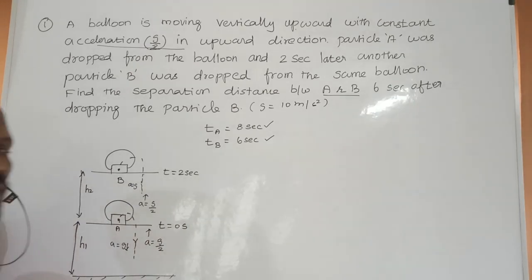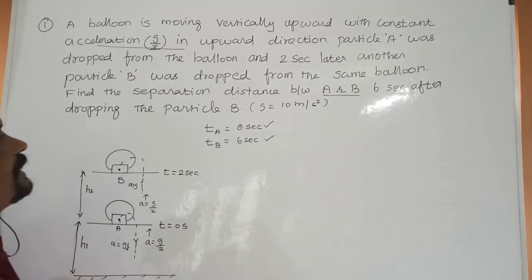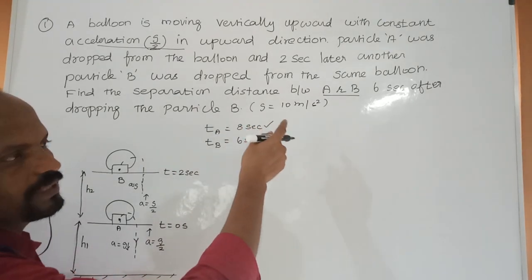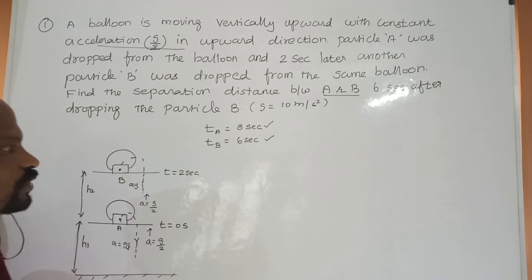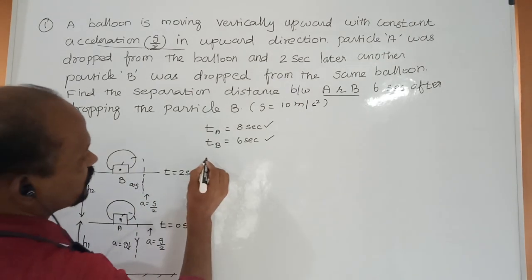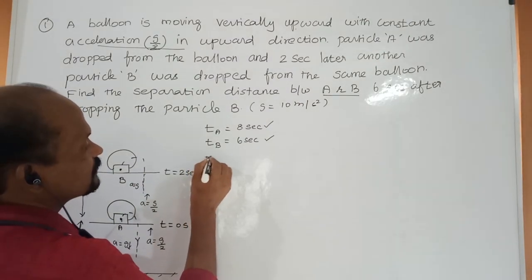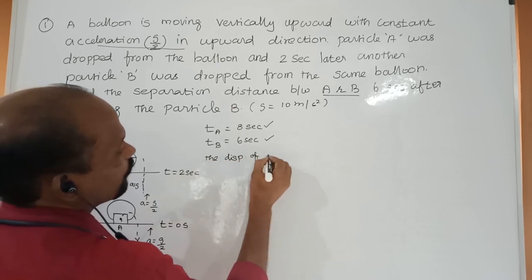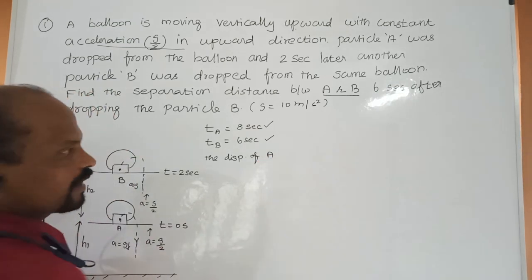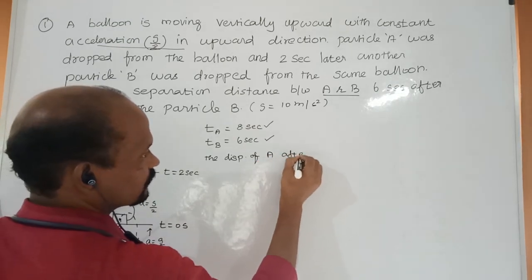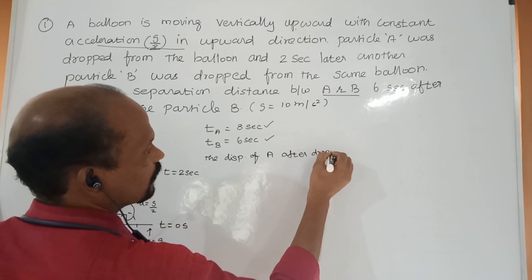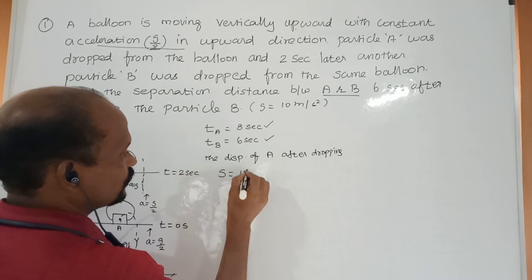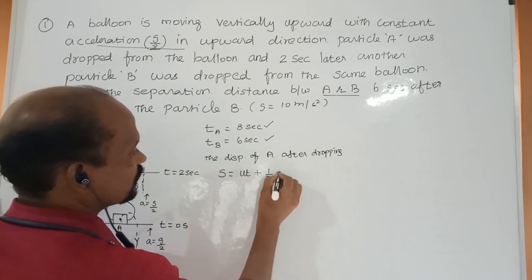Here we have to find the separation distance between A and B. So, by using the equation of motion, the displacement of particle A after dropping: S equals ut plus 1/2 at squared.